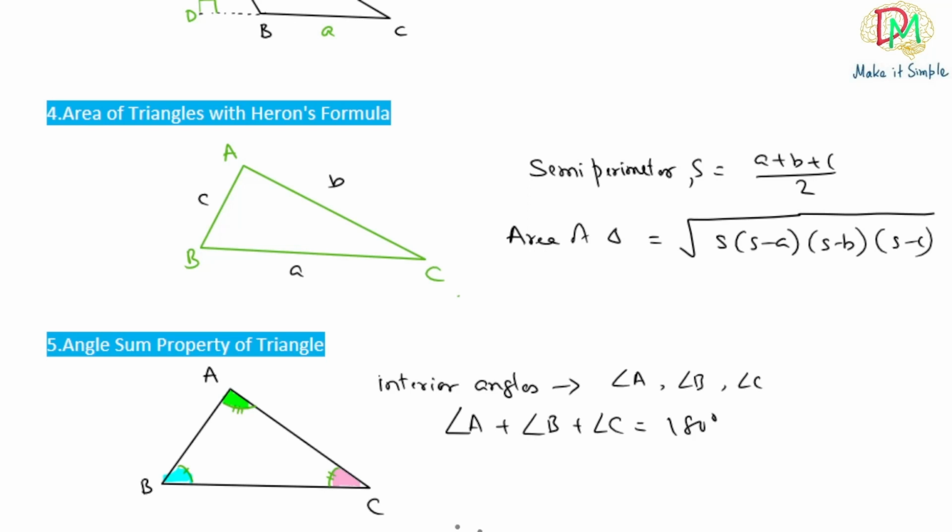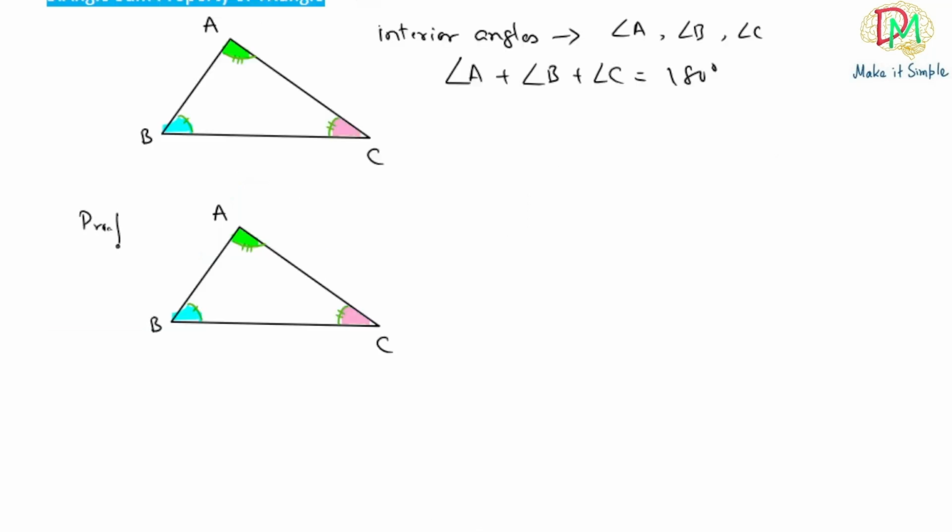How can you prove that? Let's consider the same triangle, then draw a horizontal line here parallel to BC. Let's consider this line as EF. So you can write EF parallel to BC.